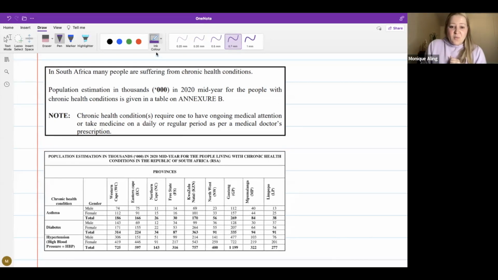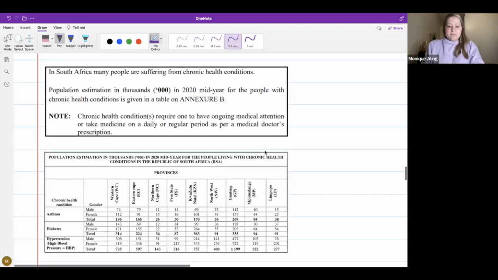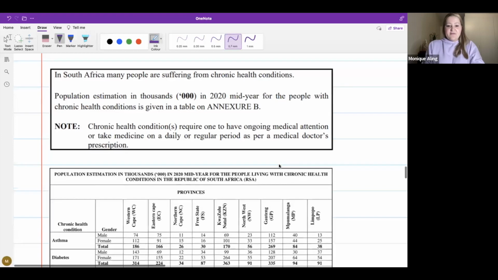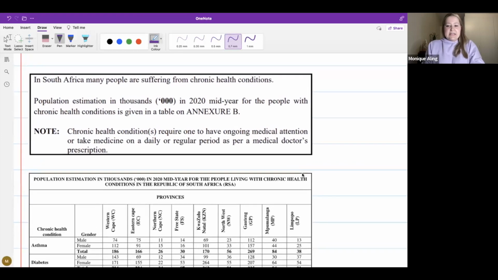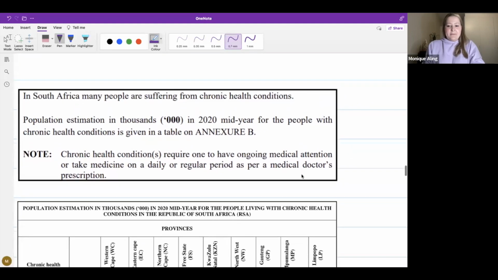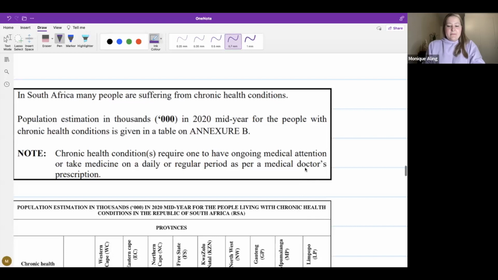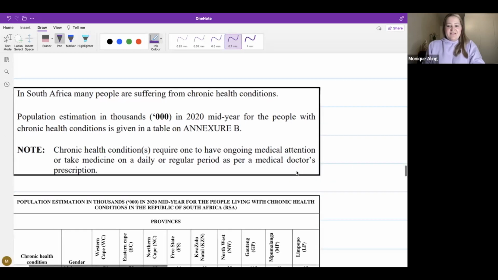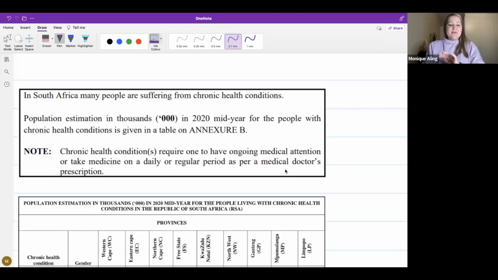Zoom in a bit more, please. Okay. So let's just focus on the first part. I'm also just trying to get it perfect on my screen as well.